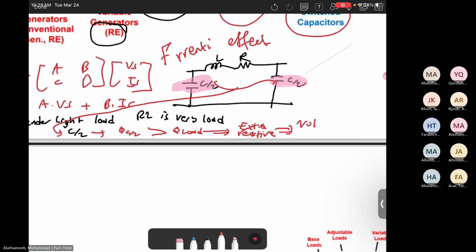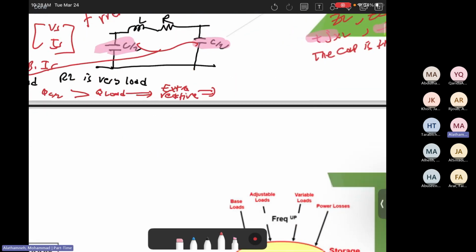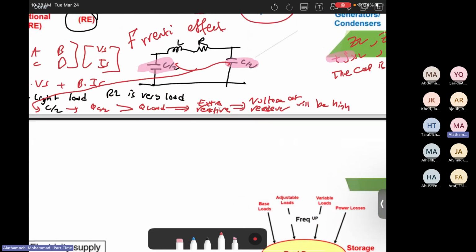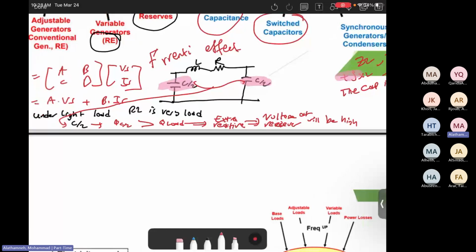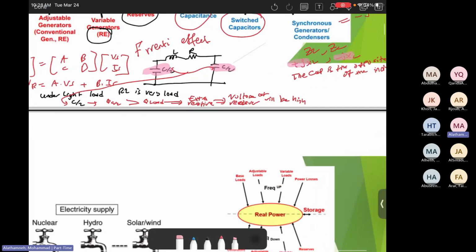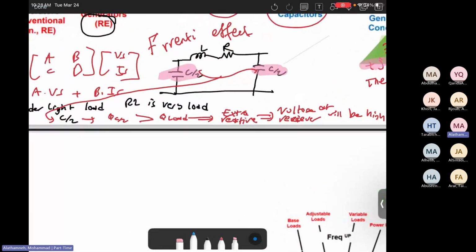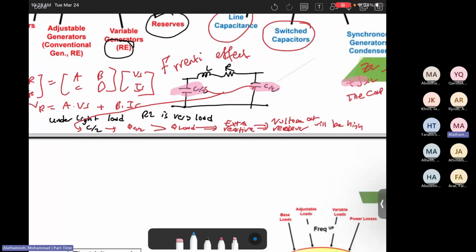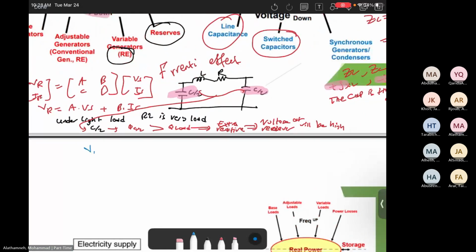Voltage at receiver will be high. Okay, what's then the result? This yields V receiving larger than V sending.